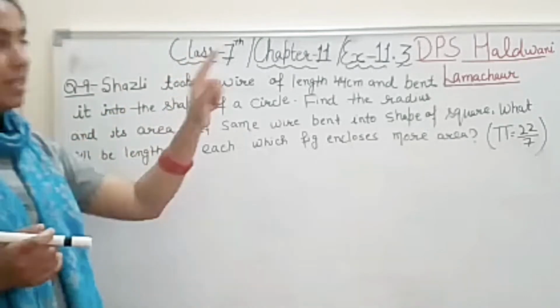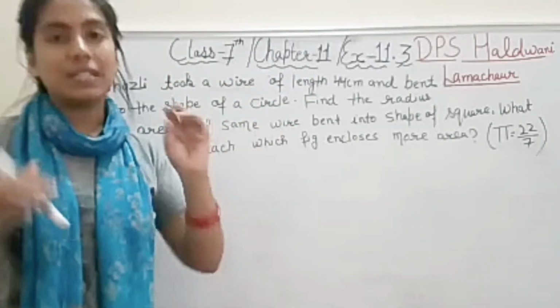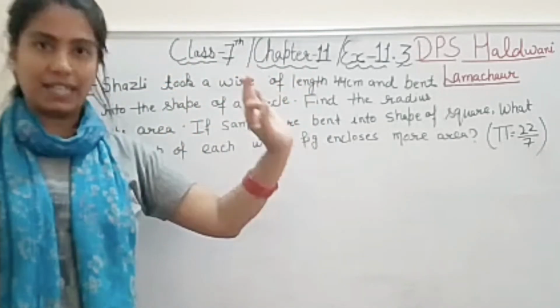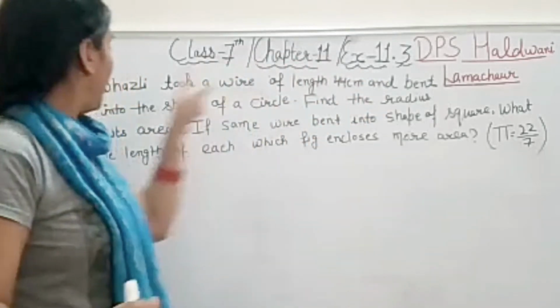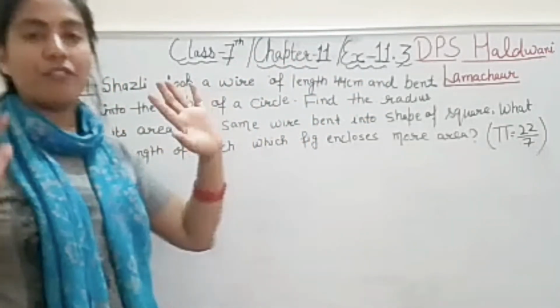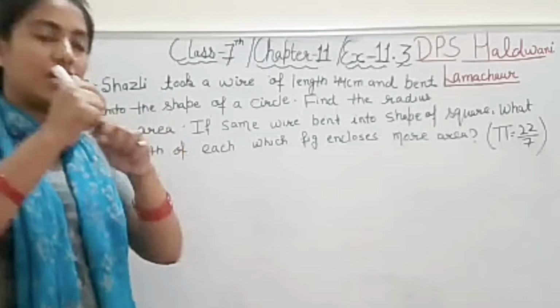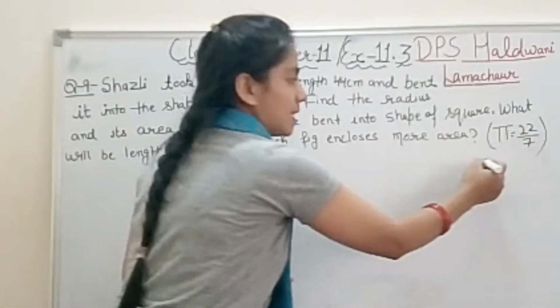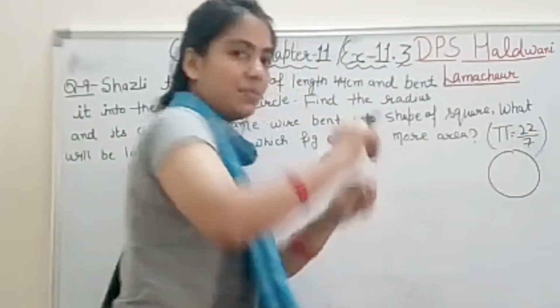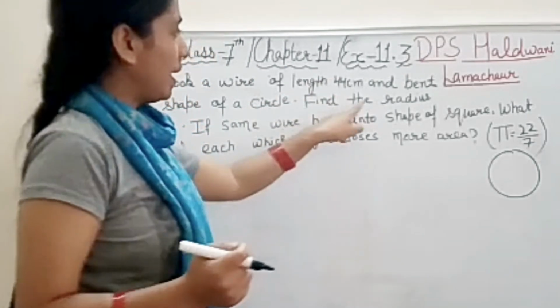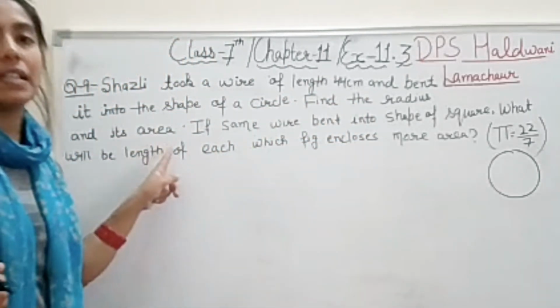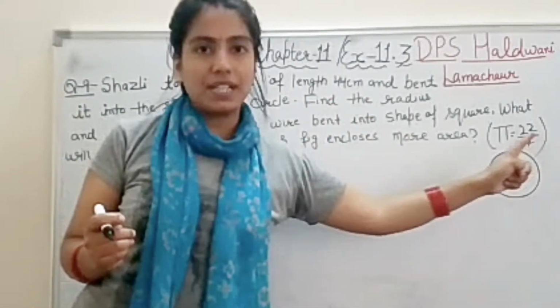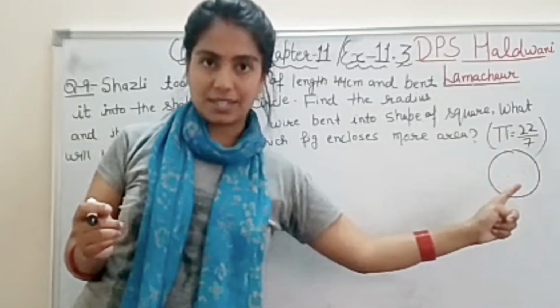See, question number 9. Shazli took a wire of length 44 centimeters. She took a wire, length is given to you, and bent it into the shape of a circle. Find the radius and also its area, means the radius of the circle and also the area of this circle.